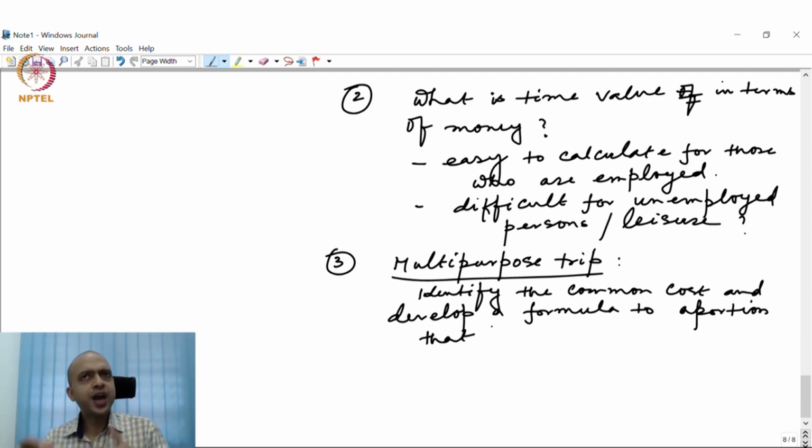If I have some official duty, while coming for the official duty or some other work, I am visiting a place. So the cost I incur is not purely to visit that place, rather I have some work also. So what is the common cost that I need to apportion from the total cost? Then I need to find out the site specific cost that needs to be included.